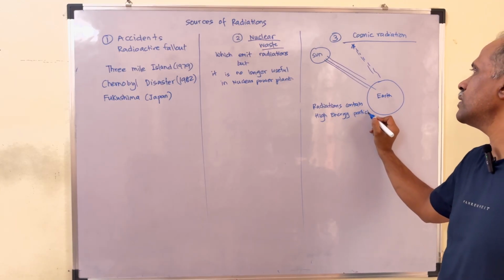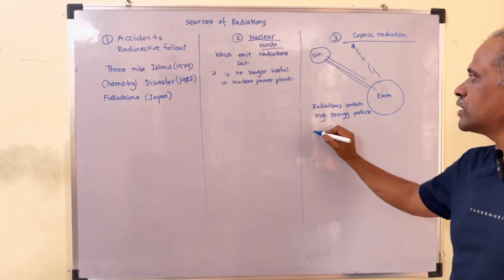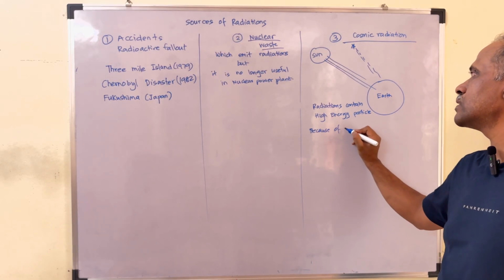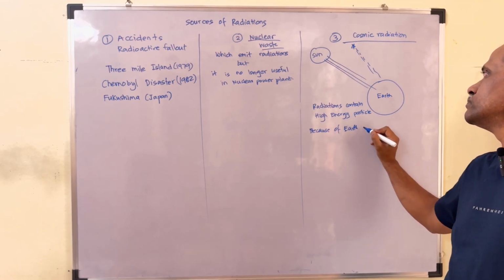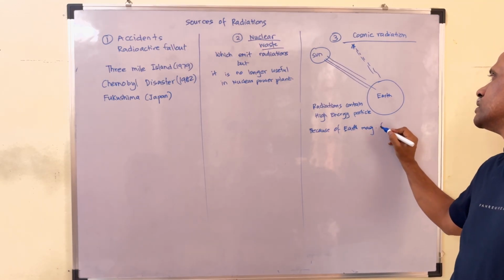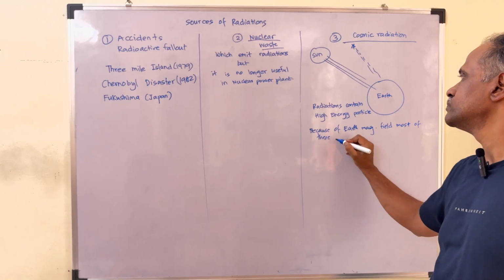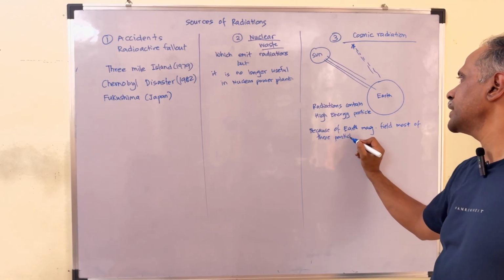Because of the earth's magnetic field, most of these particles are deviated from the earth.